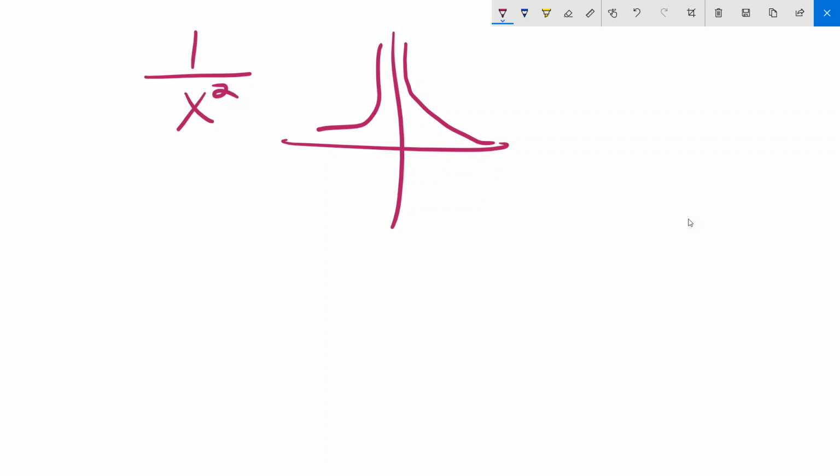In this particular case, the left side of the graph is when x is negative, but 1 over x squared, it doesn't matter whether x is positive or negative, it gives you the same answer, correct? So this part of the graph is going to look the same as that, it's merely going to be a reflection. And so I know how to graph that.